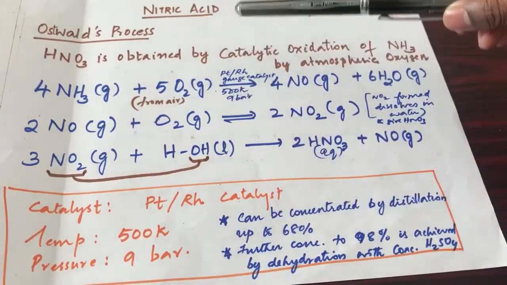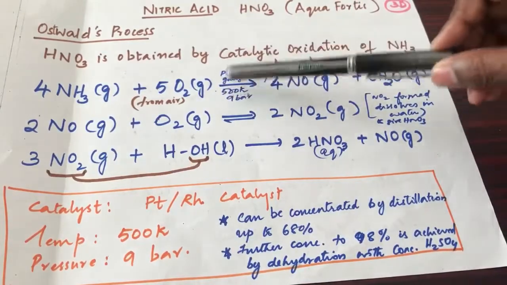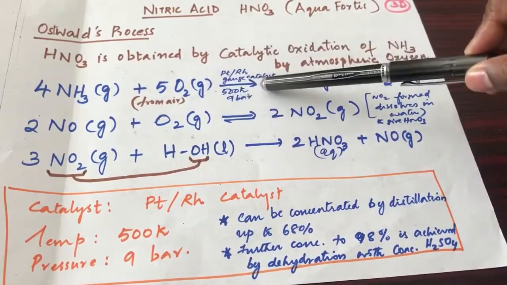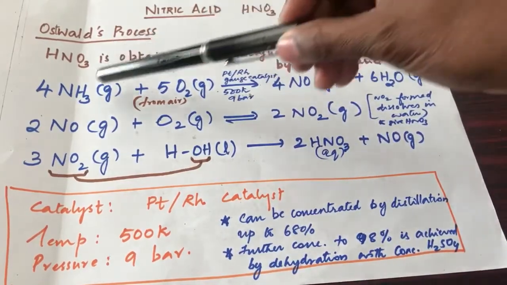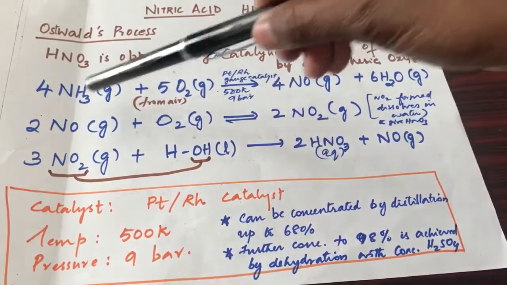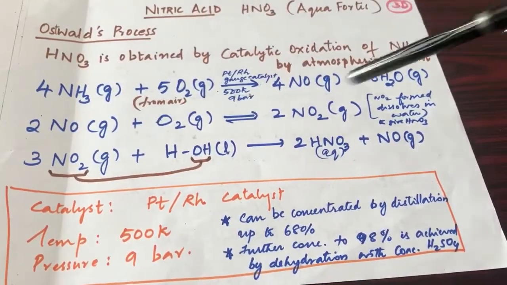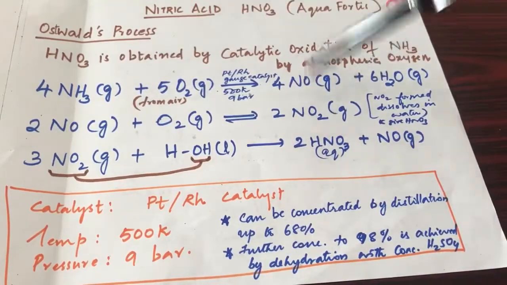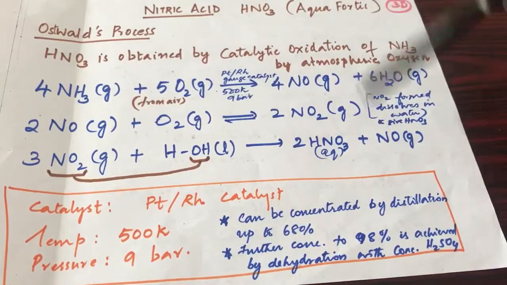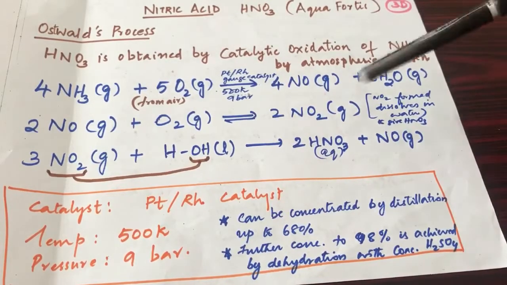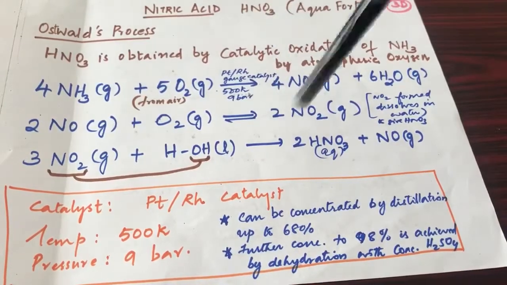Platinum and rhodium are very unreactive, you know that. They are used as a gauze catalyst, in the form of a mesh, and the ammonia gas is oxidized over it. HNO3 is a very reactive acid, oxidizing any metal, so that kind of reaction is not possible with platinum, which is a very unreactive metal.